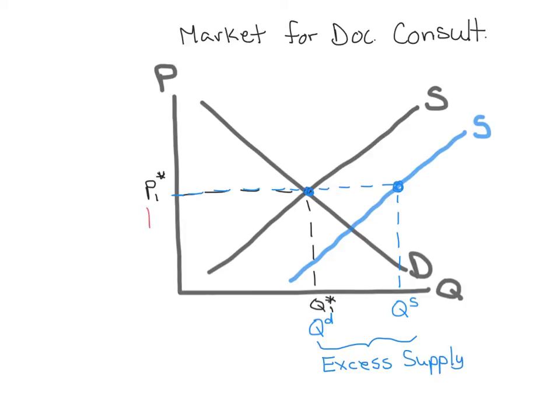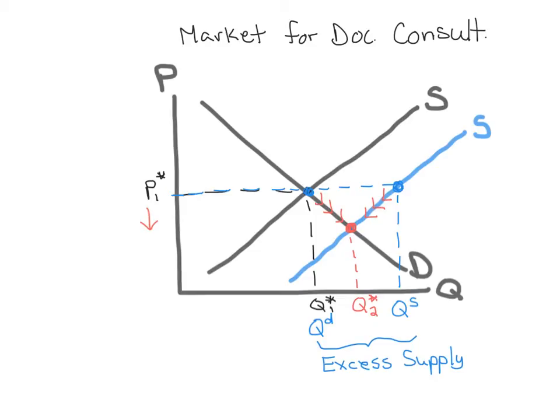Okay, so the market price is going to start to decrease, and as it does so, we're going to see an increase in the quantity demanded for doctor consultations, and simultaneously we'll see a decrease in the quantity supplied. Okay, and this price drop will continue until the discrepancy between supply and demand is resolved. That is, until the two are equal and we are at a new equilibrium, which we'll call Q star 2.